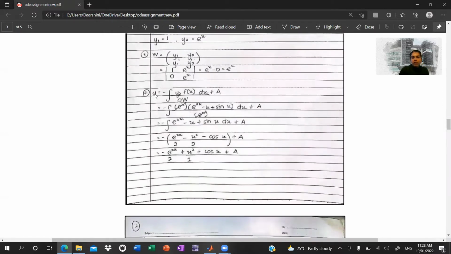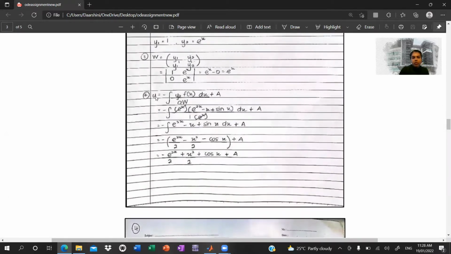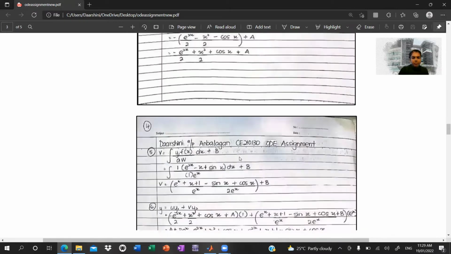And I have to calculate U. So the formula for U is negative integrate y2 f(x) over a W dx plus constant a. So my final value for U is negative e exponent 2x divided by 2 plus x square over 2 plus cos x plus a.